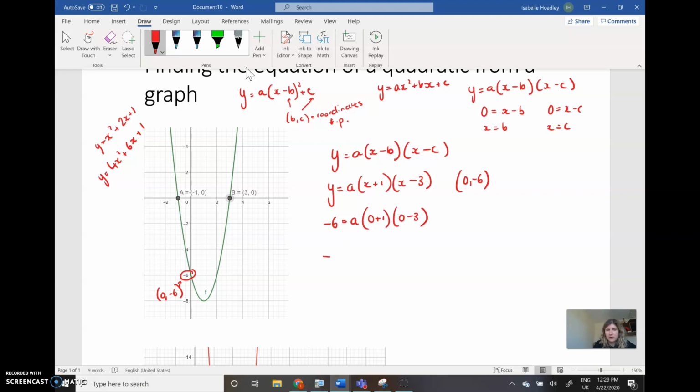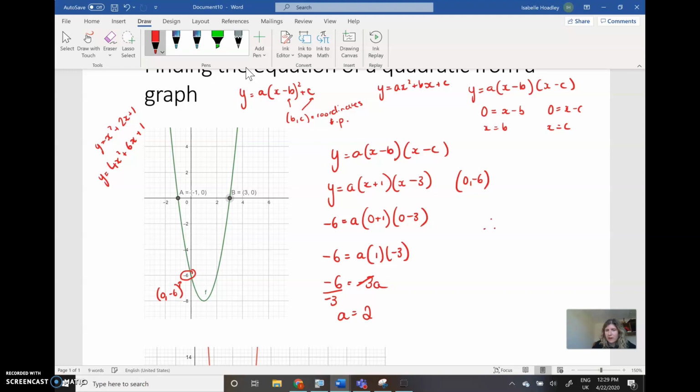Right, from here we have -6 equals a times 1 times -3. So therefore -6 equals -3a. Therefore, if we divide that by -3, -3 goes into -6 2 times, so a is equal to 2.